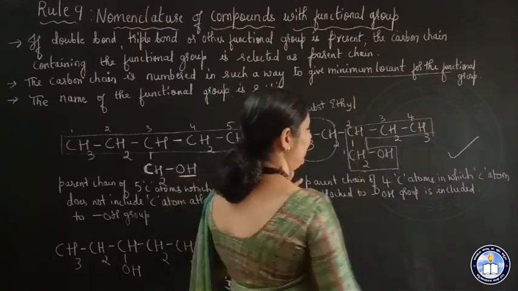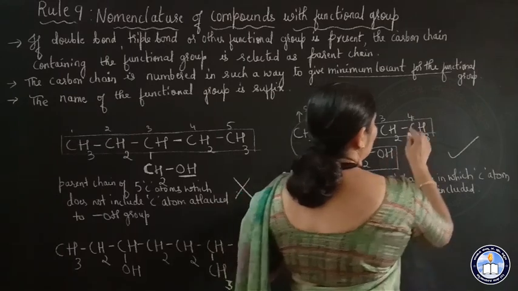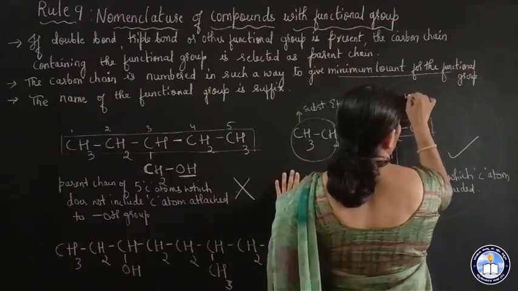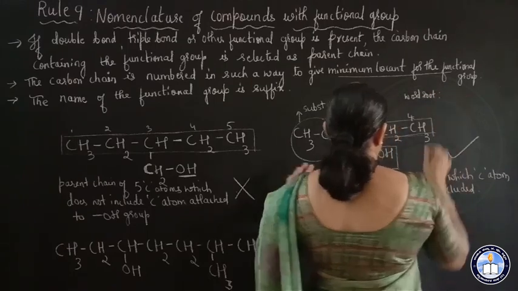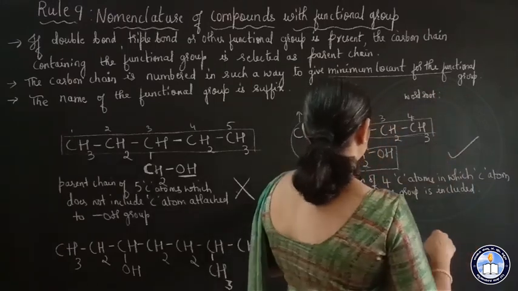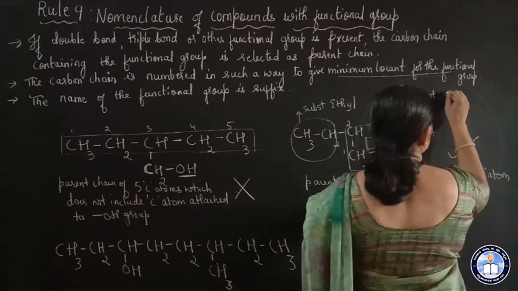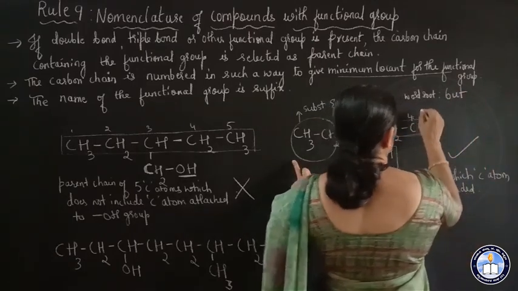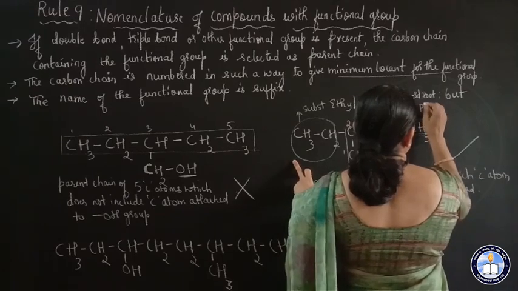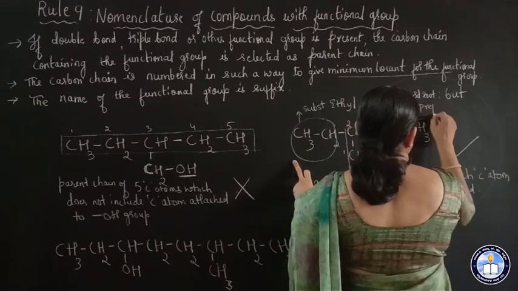So now we will name it. First the word root. How many carbon atoms in total? 4 carbon atoms. So the word root is but. Then you have the prefix here.